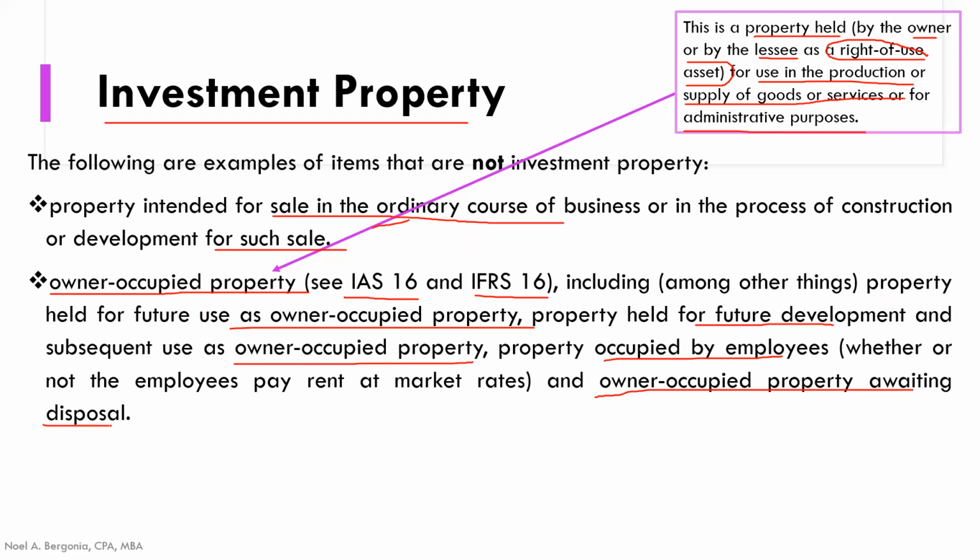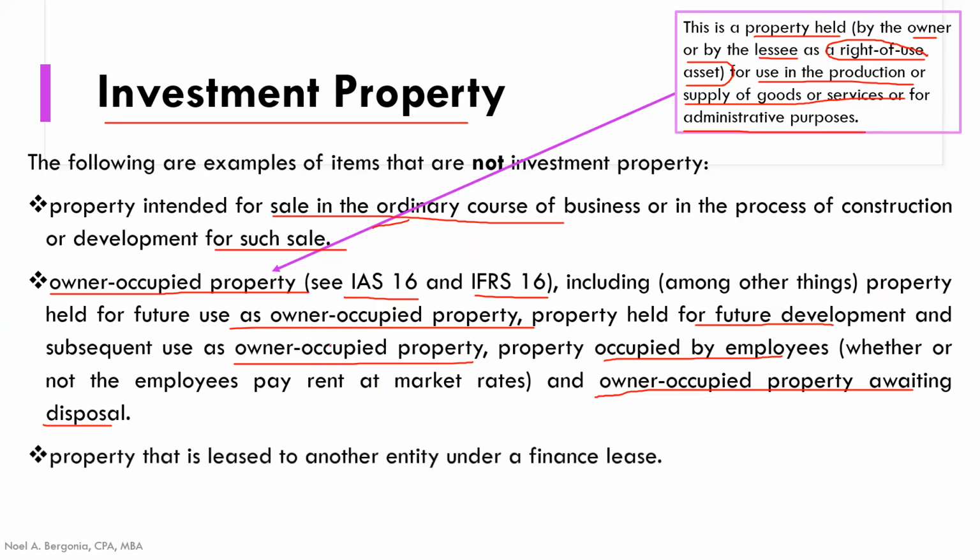At the same time, they are not held for capital appreciation, kasi they are intended to be used by the company. Kaya siya owner-occupied property. And they are not part of the investment property, but rather they will be part of the property, plant, and equipment.